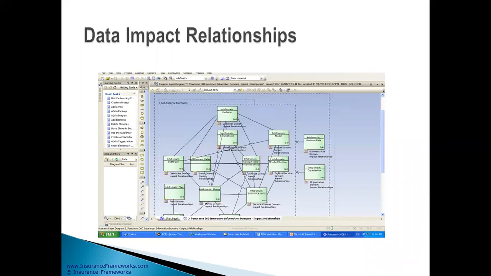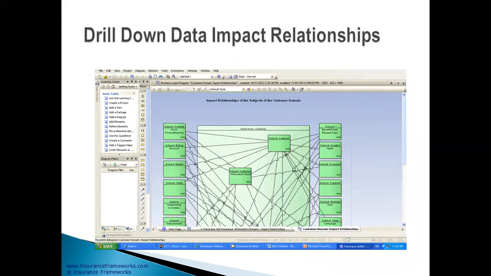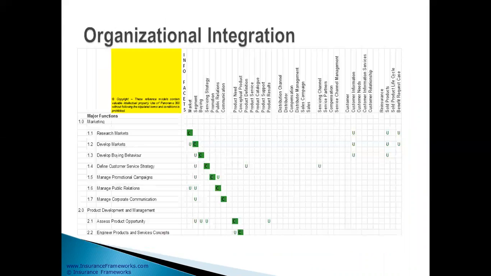We have impact analysis at the higher level and impact analysis at the lower level. We have an organizational integration map showing the interdependencies that exist within the organization between the different business capabilities and the information.